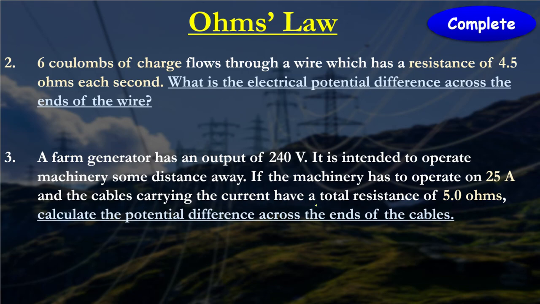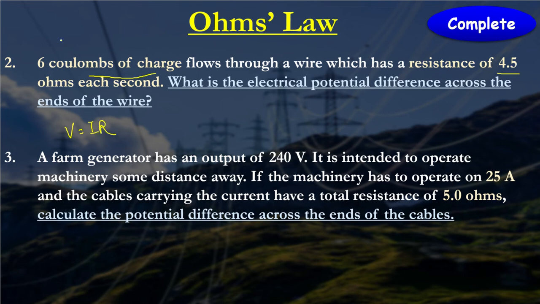Let's quickly do some calculations using Ohm's law. So we have 6 coulombs of charge and has a resistance of 4.5 ohms per second. What's the electric potential across the ends of our wires? So we know that Ohm's law is V = IR.